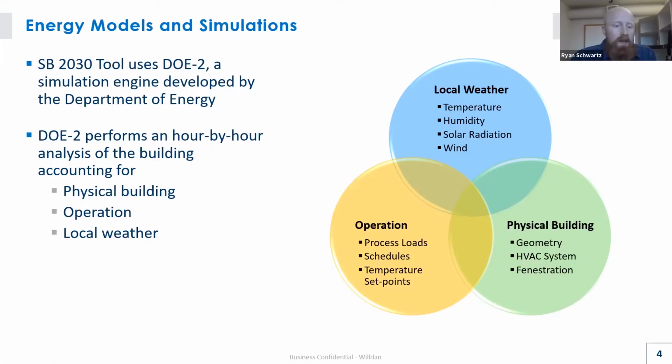It's an hour-by-hour analysis tool, so it runs 8760 schedules to account for every hour of the year, and takes into account the key main drivers of energy usage within a building, factoring in local weather, so accounting for temperature, taking into account building operations, process loads, schedules, equipment, lighting, everything that goes into the operation and use of a building. And then the third tier is that actual physical building component that accounts for the building envelope, HVAC systems, glazing, fenestration, things of that nature.